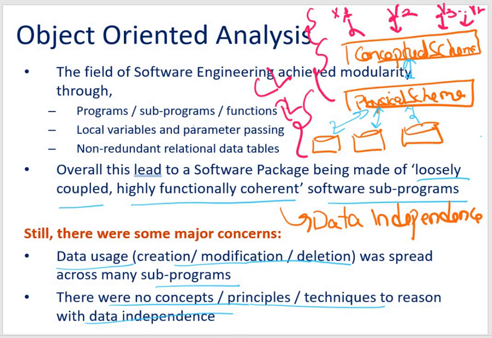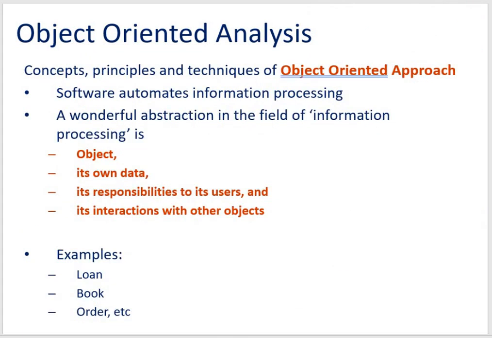Right? So further, the concepts, principles and techniques of the object oriented approach: software automates the information processing. A wonderful abstraction in the field of information processing is the object, its own data, its responsibility to its user and its interaction with other objects.